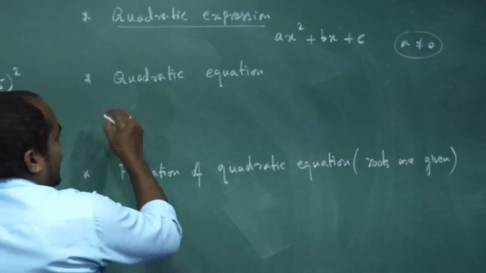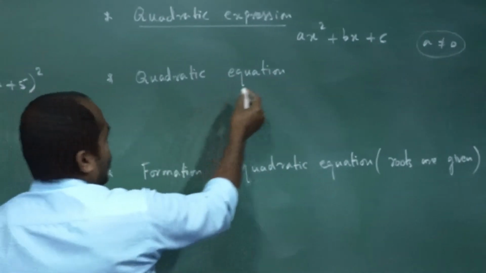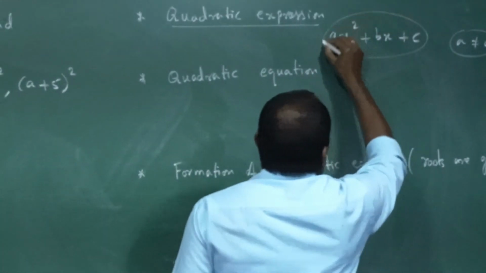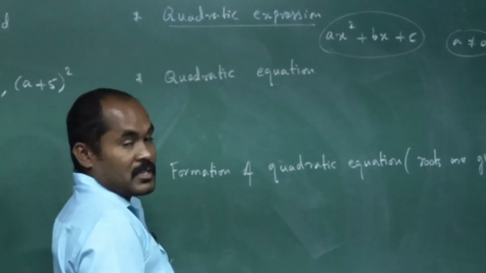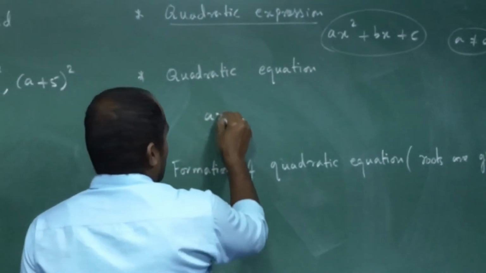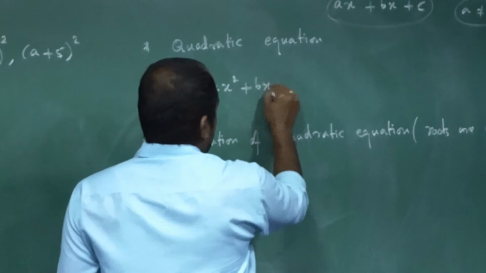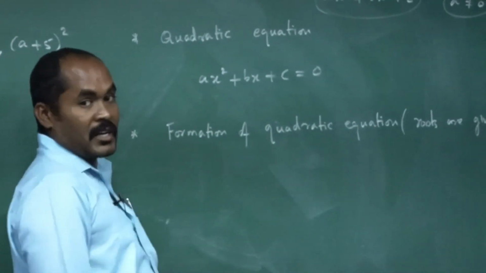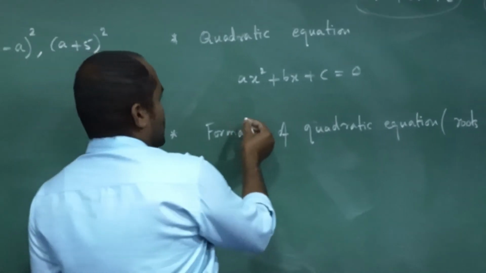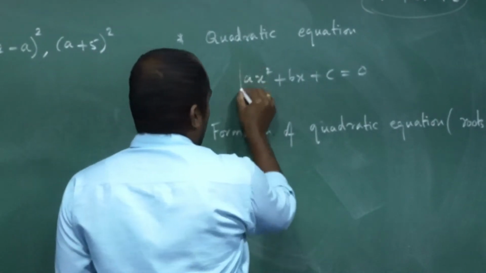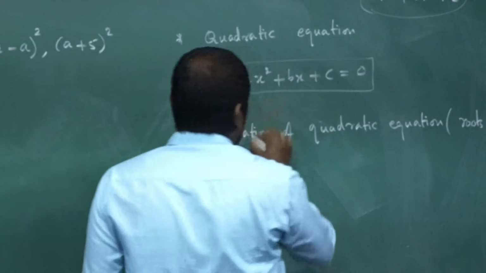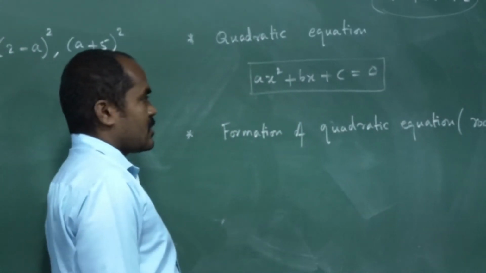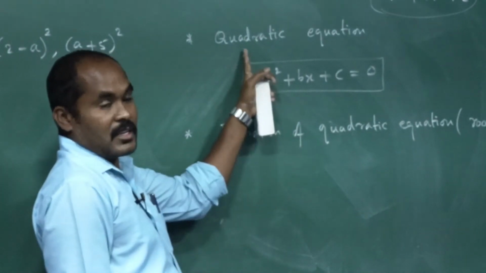When a quadratic expression is equal to 0, you know the quadratic expression is ax square plus bx plus c. Suppose ax square plus bx plus c is equal to 0, it is called a quadratic equation. Any equation in the form ax square plus bx plus c equal to 0 is called a quadratic equation.